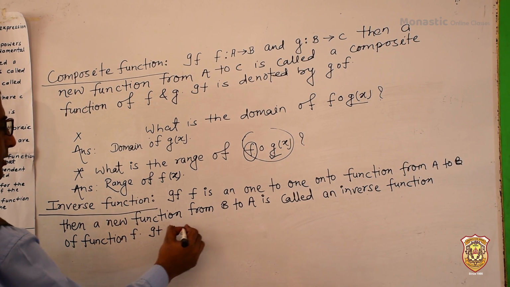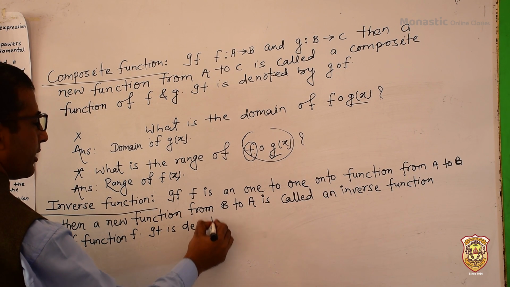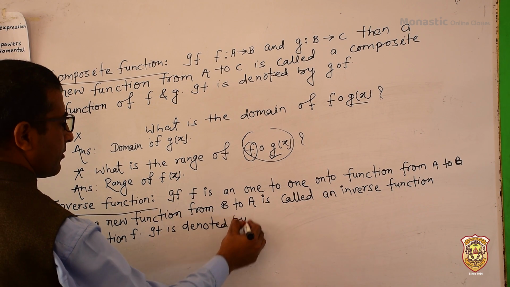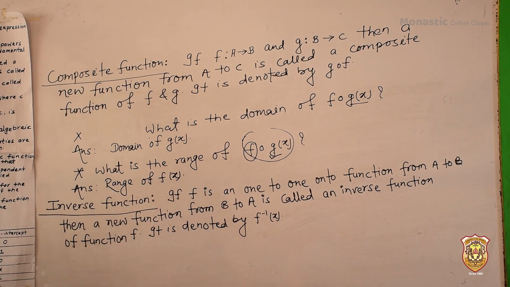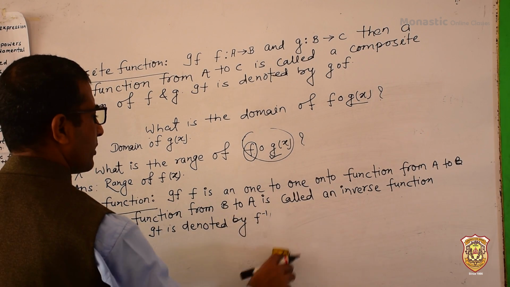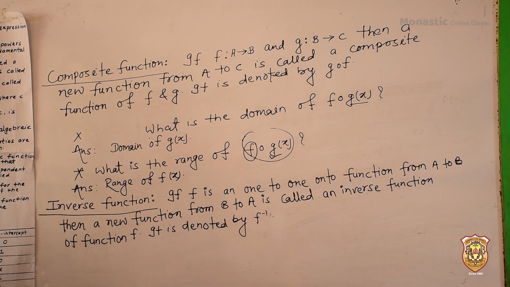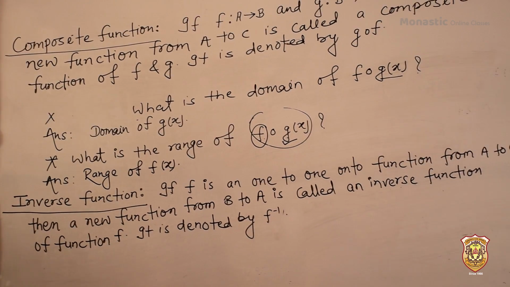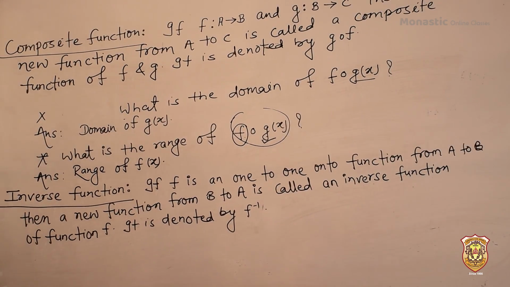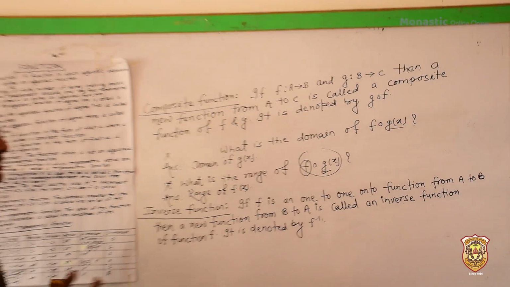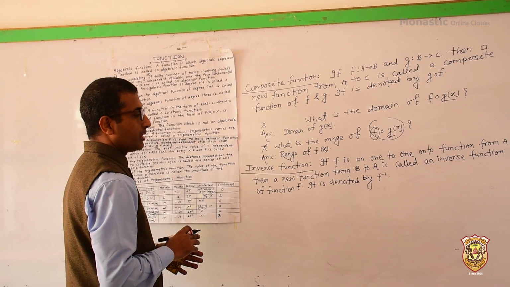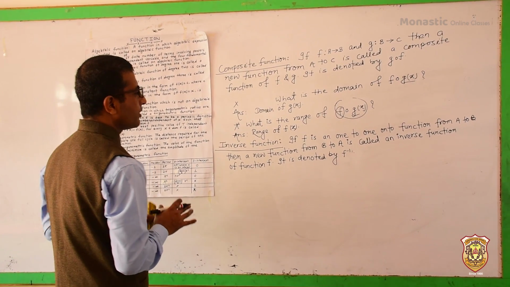It is denoted by f inverse only. To be an inverse function, function must be 1 to 1 onto. And if we exchange it, domain became range and range became domain, then a new function formed, that is inverse function.